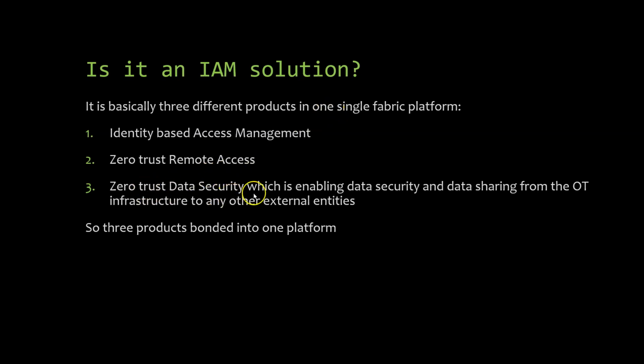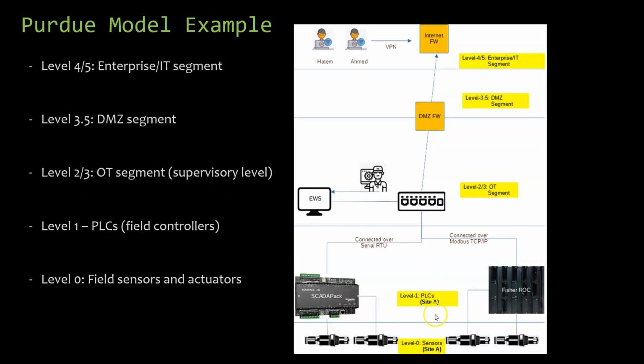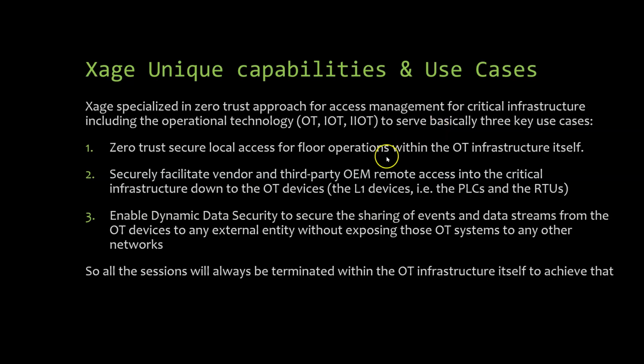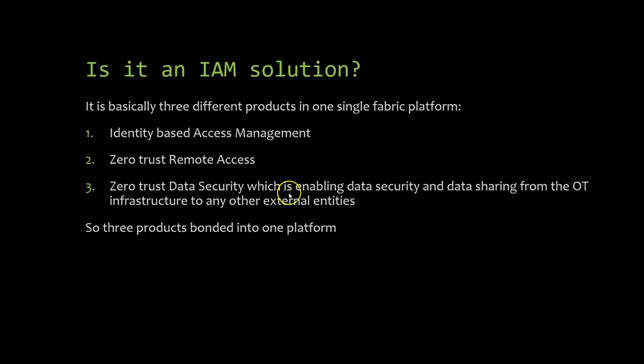The zero trust data security, as I explained, lets us leak some information from the critical infrastructure in a secure way through a producer consumer approach, as we will explain shortly. Okay, so these are three products in one platform.